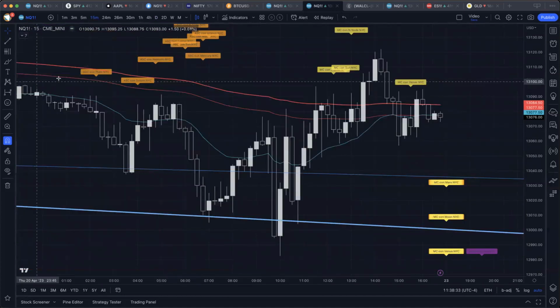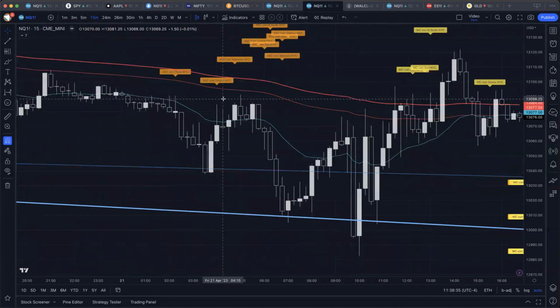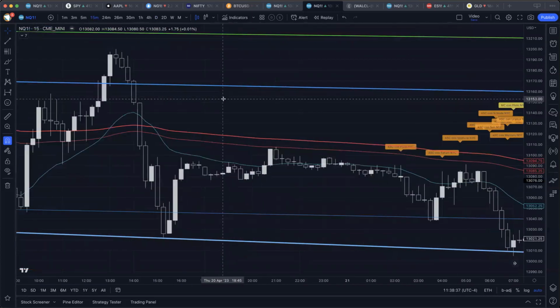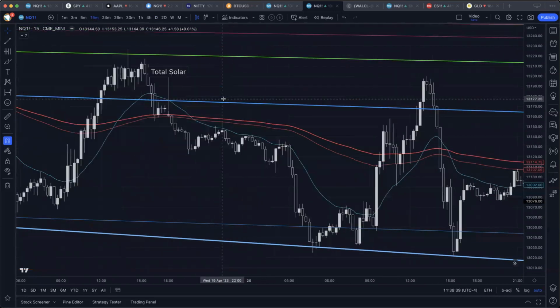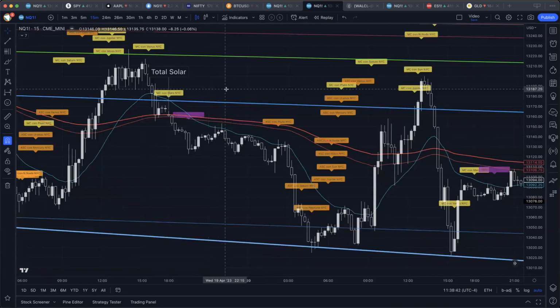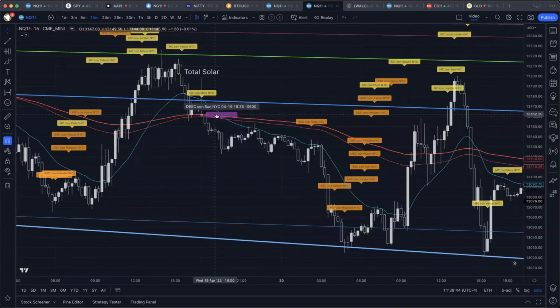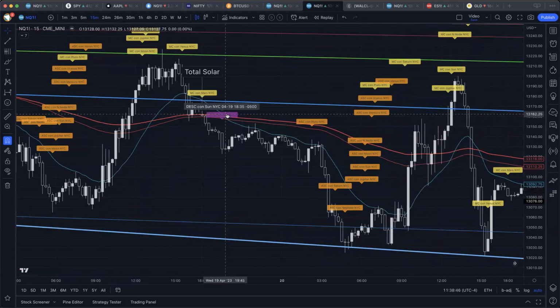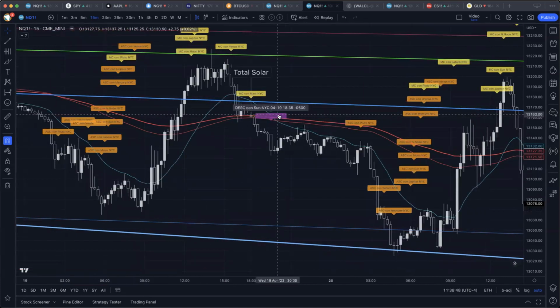Now, one of the additions that I added here is the sun on the descendant. So this is what normal people call sunset. And why is this interesting?